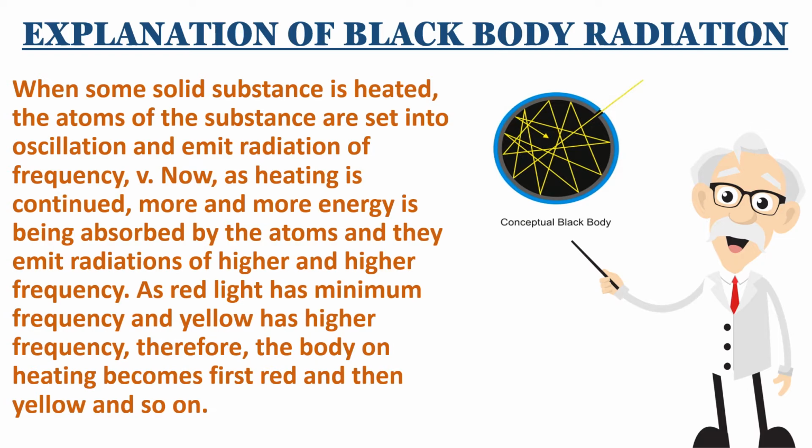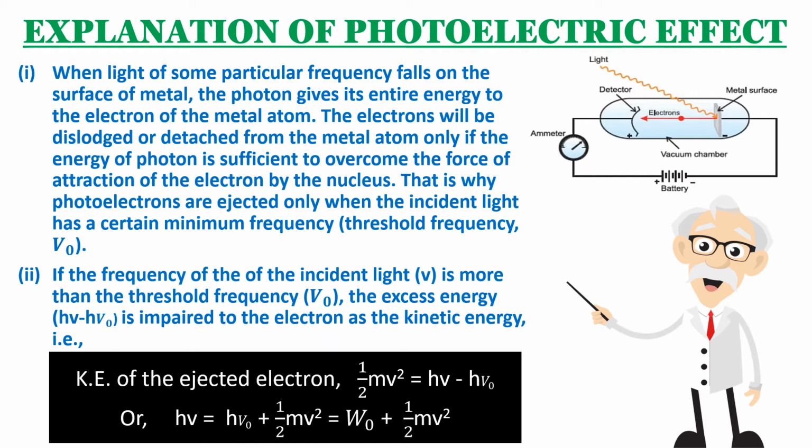So let us proceed. Let us discuss how Planck's quantum theory explained the photoelectric phenomenon. For explaining it, Einstein in 1905 was able to give an explanation of the different points of the photoelectric effect using this theory, which are as under.